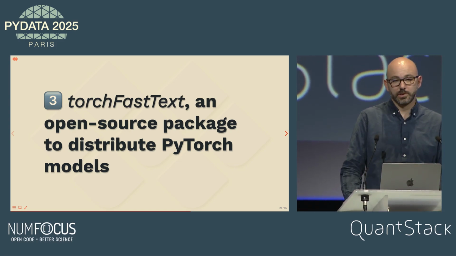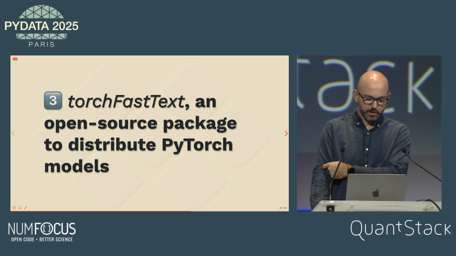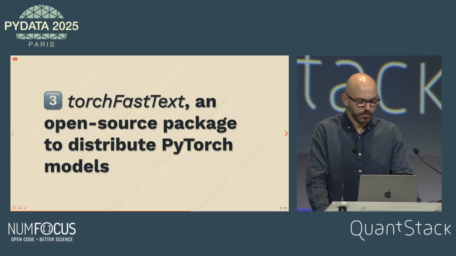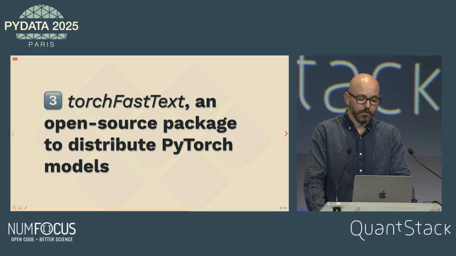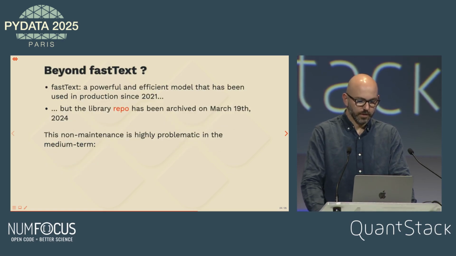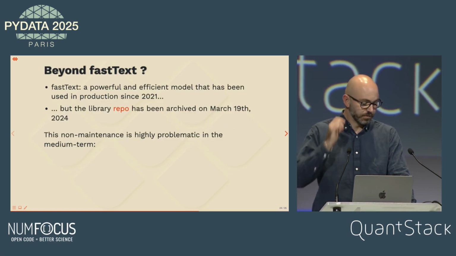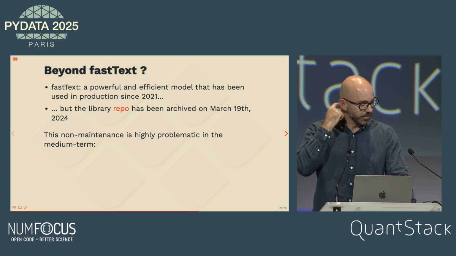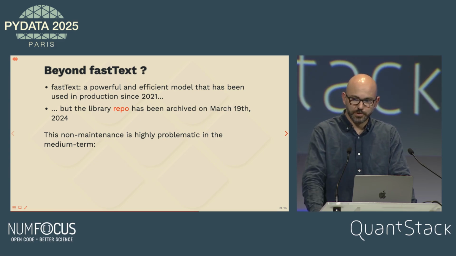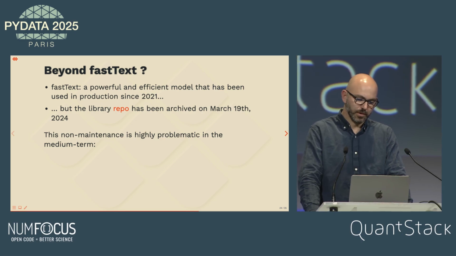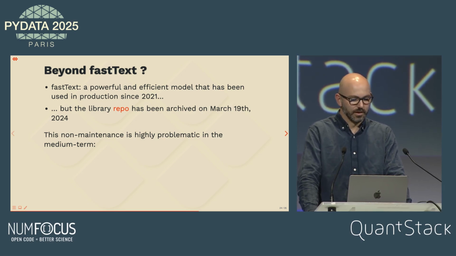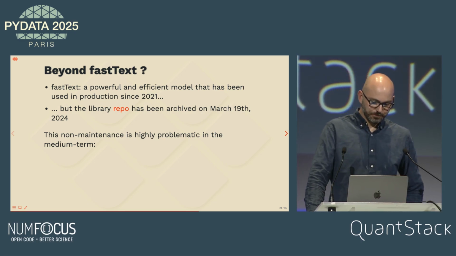Yes, so why did we develop a new package instead of just distributing a PyTorch model? There were several reasons. One, like I said before, we use fastText in production for this use case. But as you may know, the fastText library was archived in 2024.